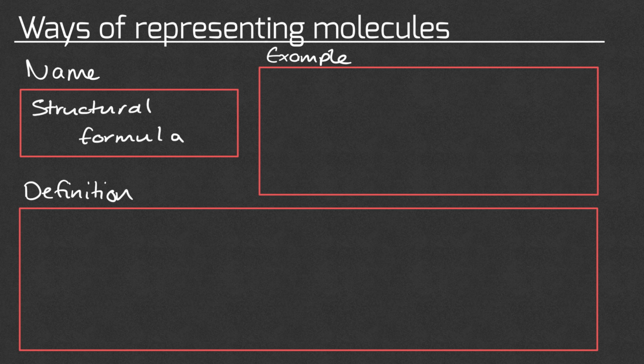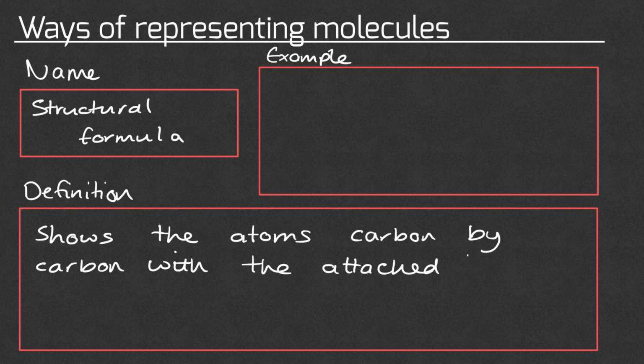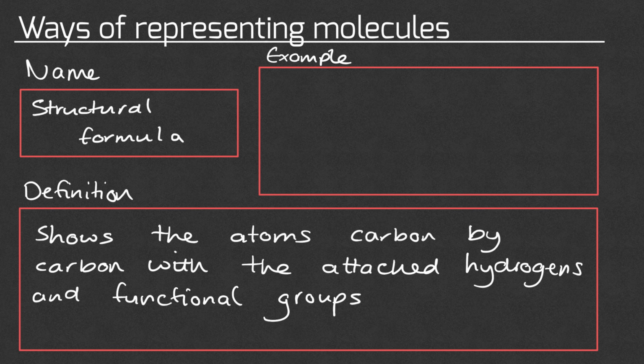We can also use the structural formula to represent molecules. This is the most common way to represent molecules, as it gives you a bit more information than the molecular formula does. The structural formula shows the atoms carbon by carbon with all the attached functional groups and hydrogens.